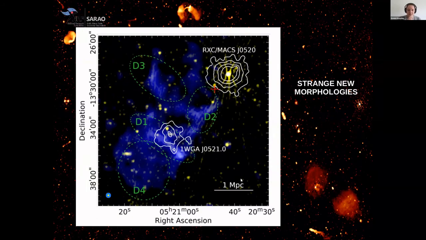Then we also picked up some clusters which just have very strange morphologies, and we don't actually know how to classify the diffuse emission. So again, here the blue is from the filtering. This is a cluster, so this is MAX J0520.